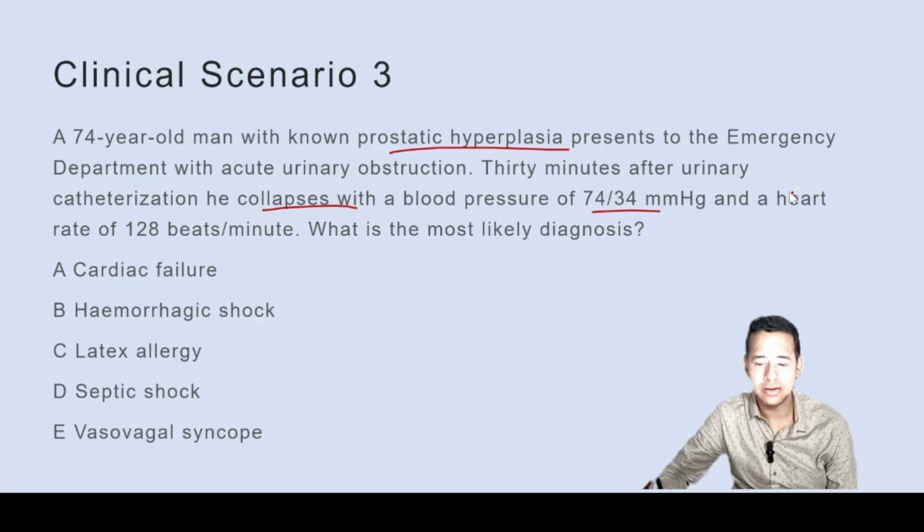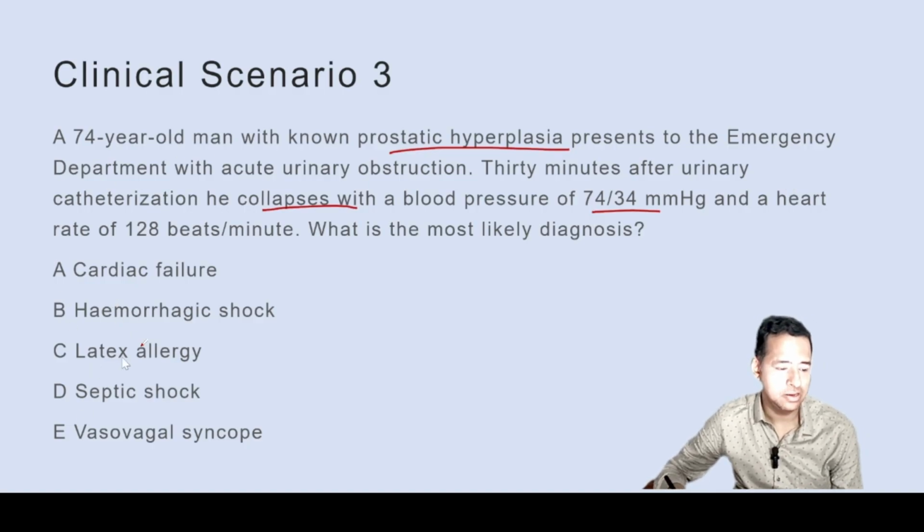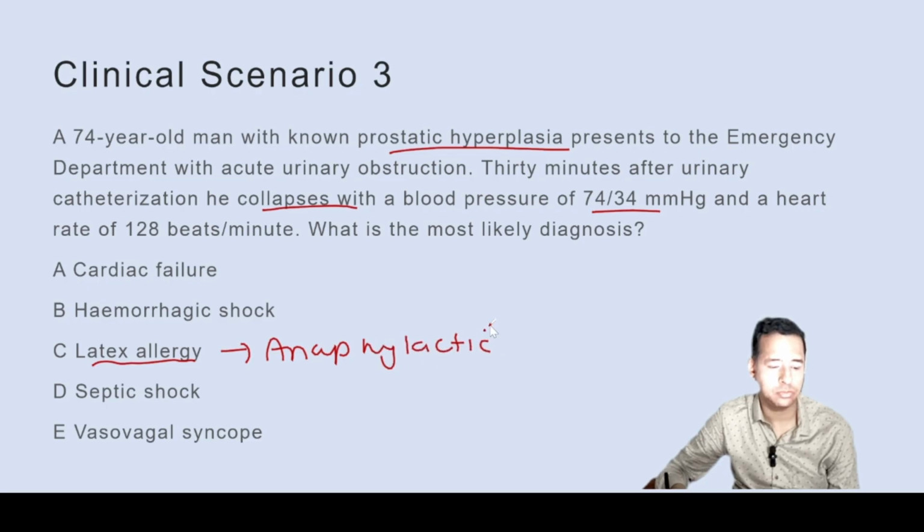What is the most likely diagnosis, what is the shock? Ultimately it is anaphylactic shock, because the rest of the shocks you will be learning in an upcoming session. This is about anaphylactic shock, mostly associated with latex allergy.